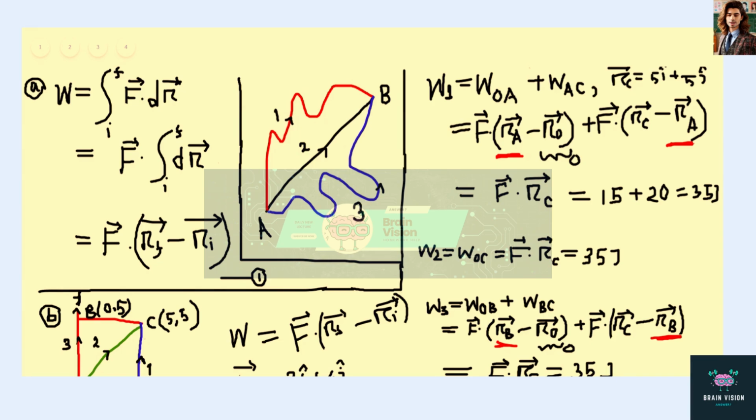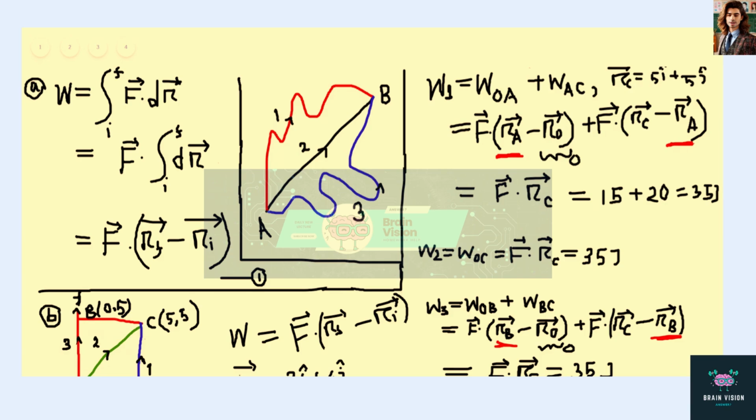Now in part B, I have a given 2D diagram where my initial position is 0, with coordinates 0, 0, and the final position is C, with coordinates 5, 5, which means along the x-axis it has numerical value 5, and along the y-axis it is numerical value 5.